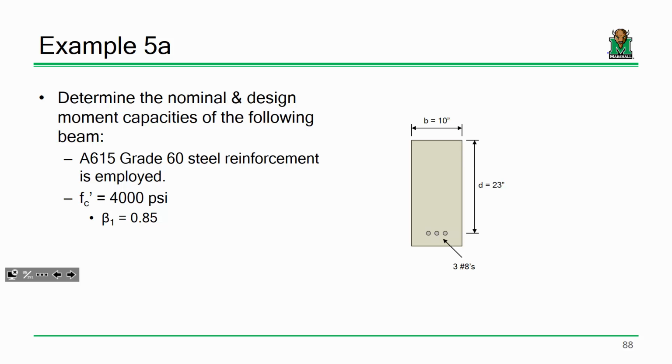For the bars, we're using 3 number 8s. We're not using 3 number 9s. So that will change some things as we go. Everybody good? All right. Give me a moment.